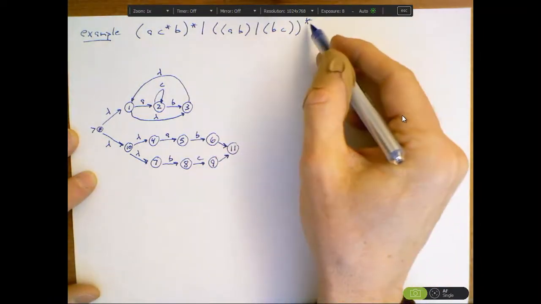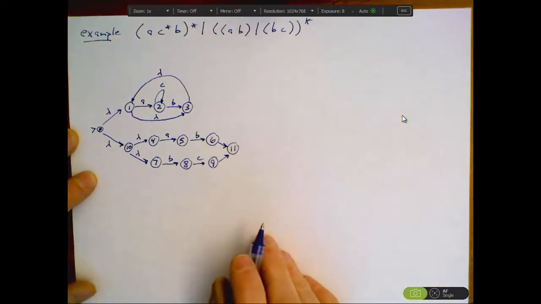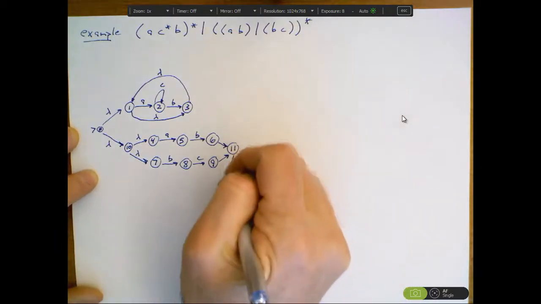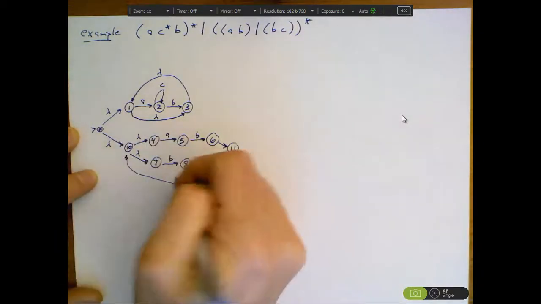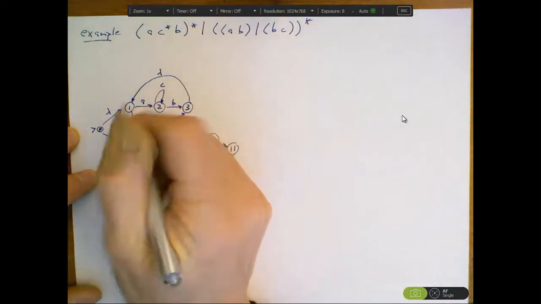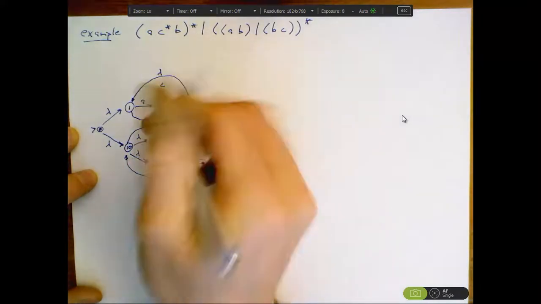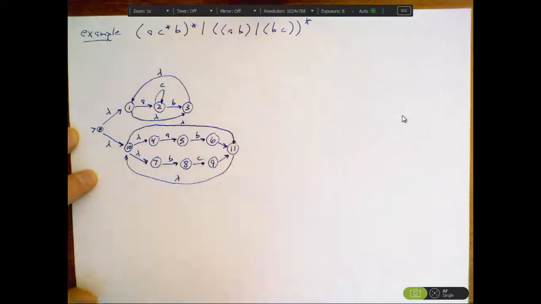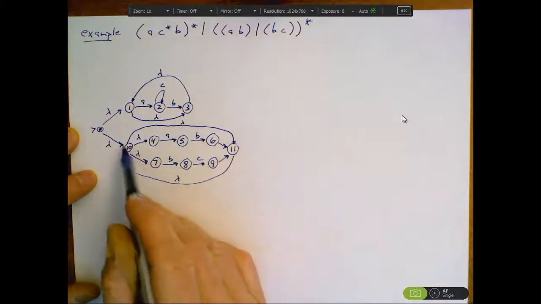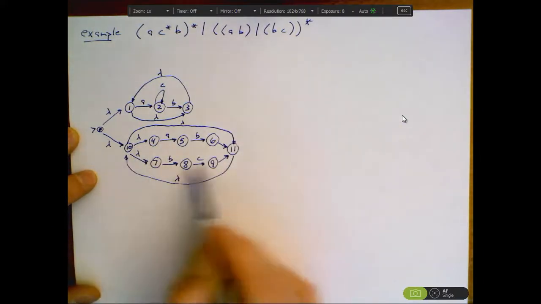And then I have a Kleene star around this lower alternation. So again, I'm going to have to put some lambda arcs in, one to return, and one to skip. Again, modeling that star, so I can skip it, that's 0. Or I can go through one of the alternations.